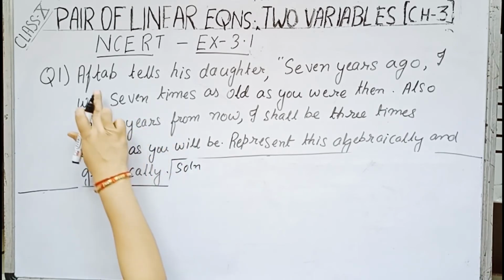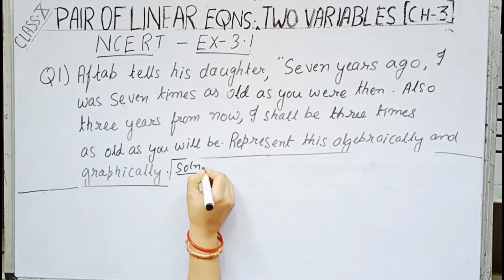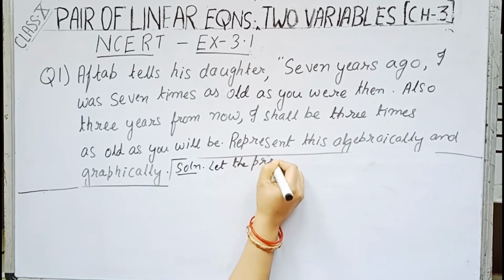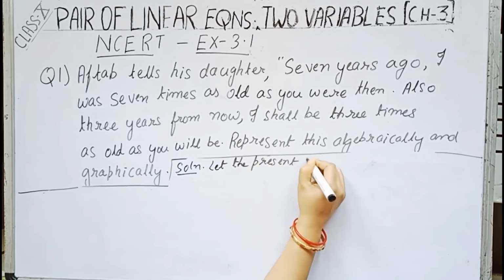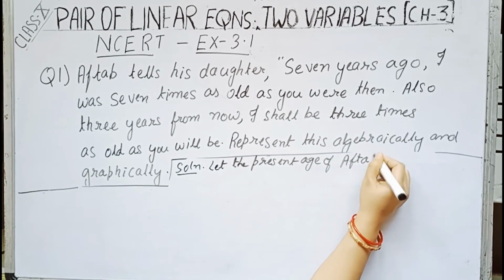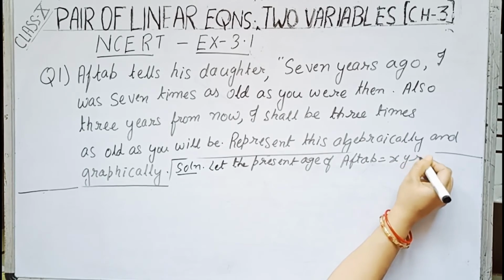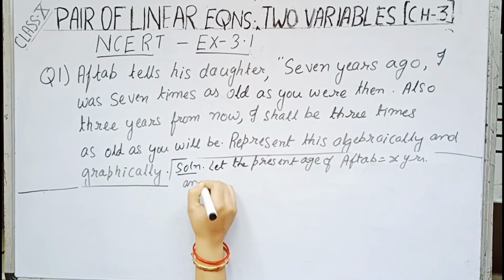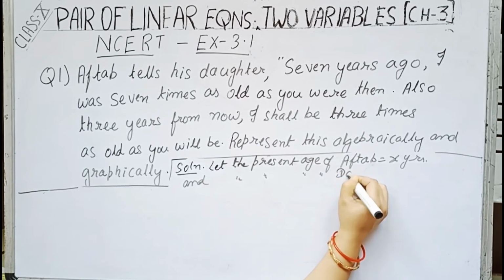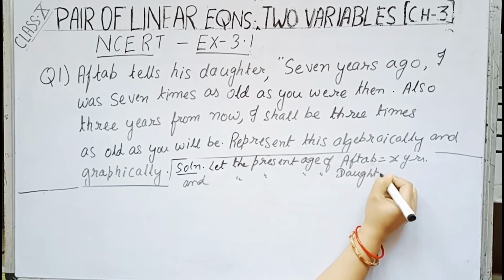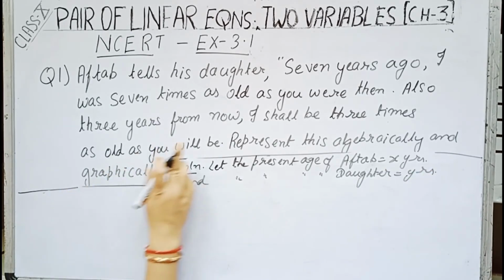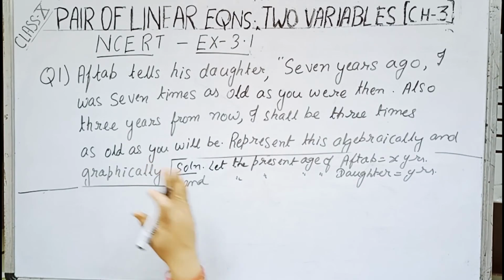Here two persons are there, Aftab and his daughter. So let the present age of Aftab equal x years and the present age of the daughter equal y years. Now two conditions are given, 7 years ago and 3 years hence.